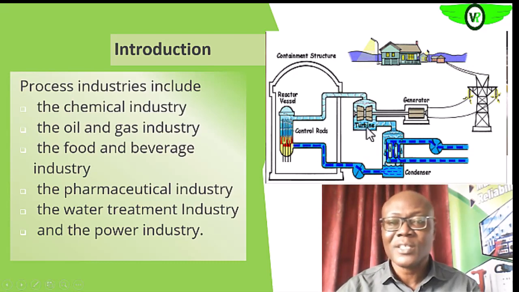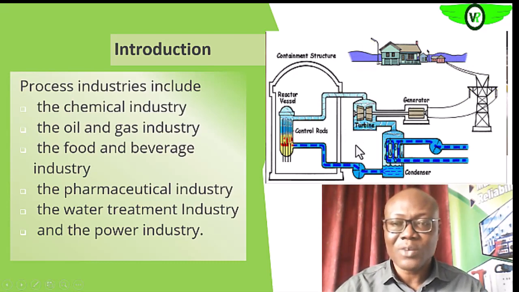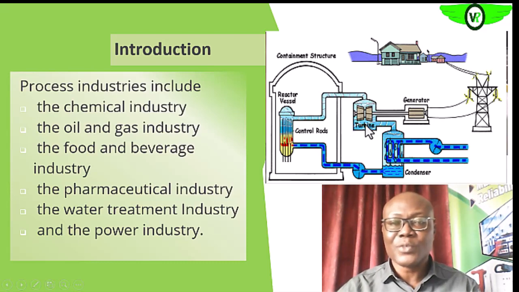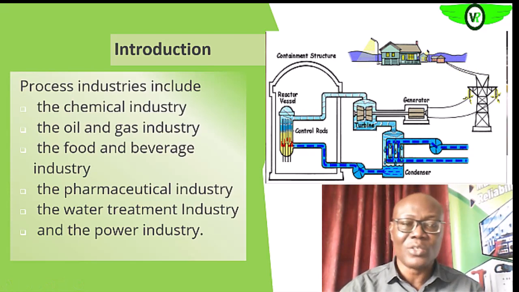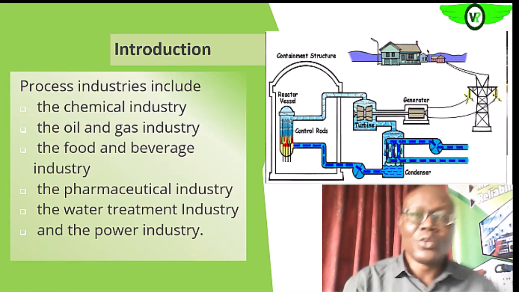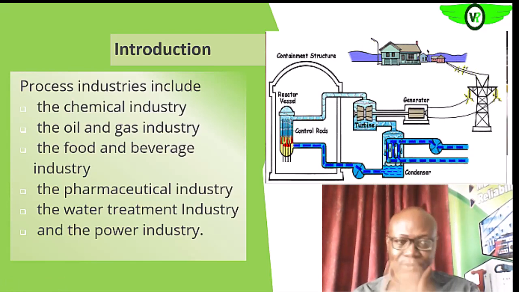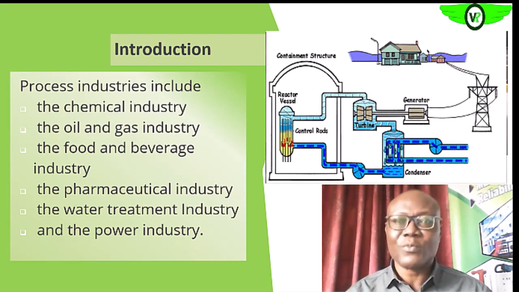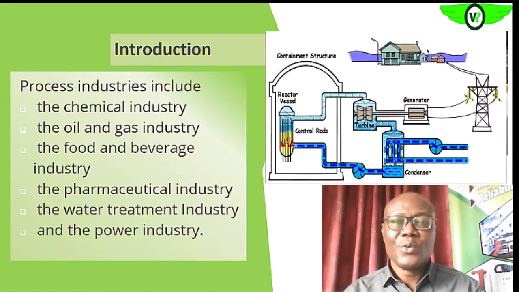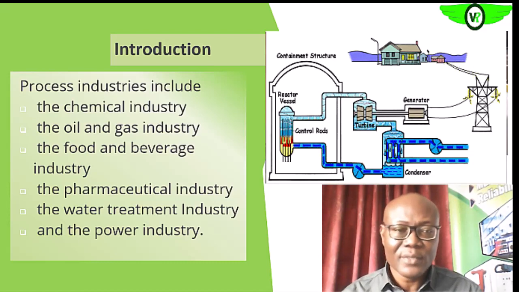All of these steps that constitute the process of generating electricity need to be monitored and controlled. So these are some examples of process industries that we have.